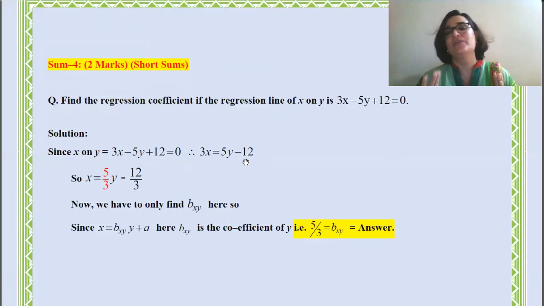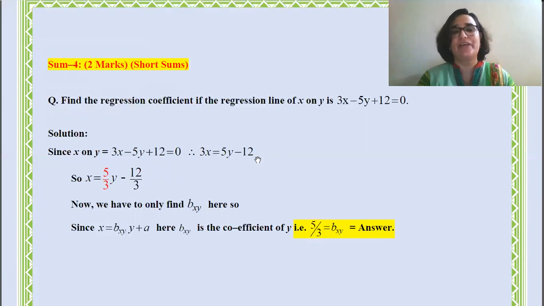You remember that? Right? Side बदली, sign बदली. The side changes, the sign changes for an equation. Very good. You don't want that 3. हमको सिर्फ x चाहिए. So you divide both the sides by 3. Good going.